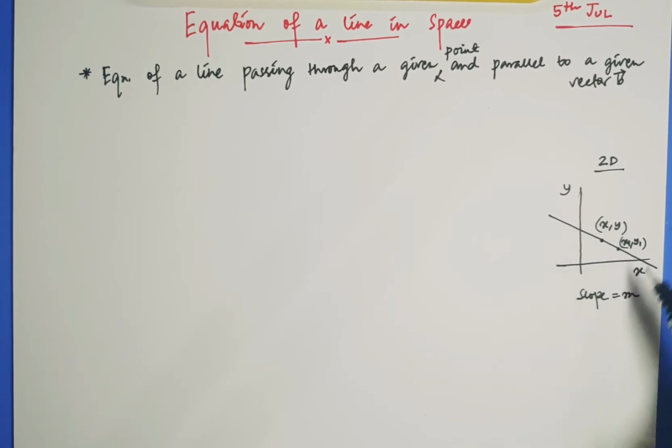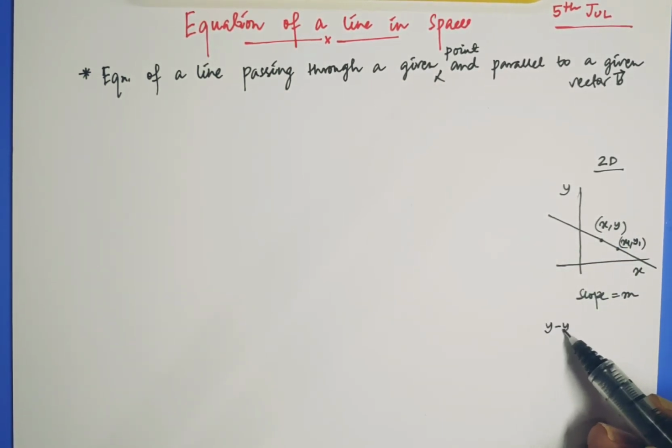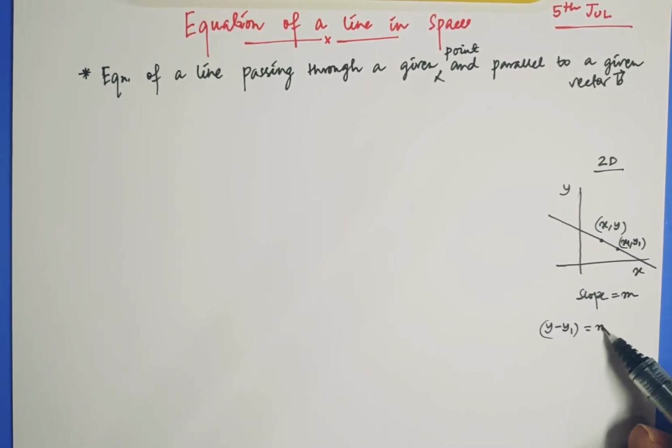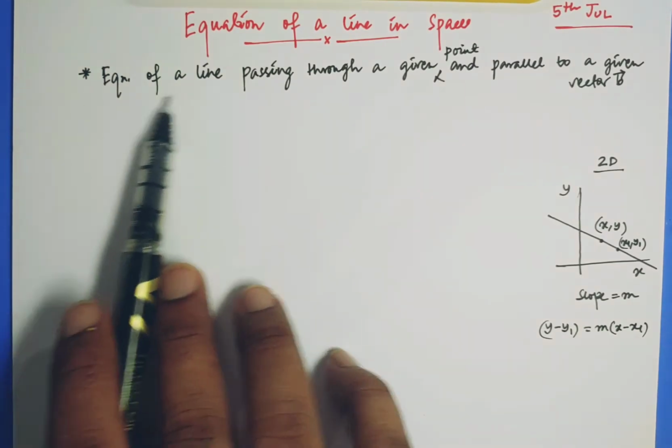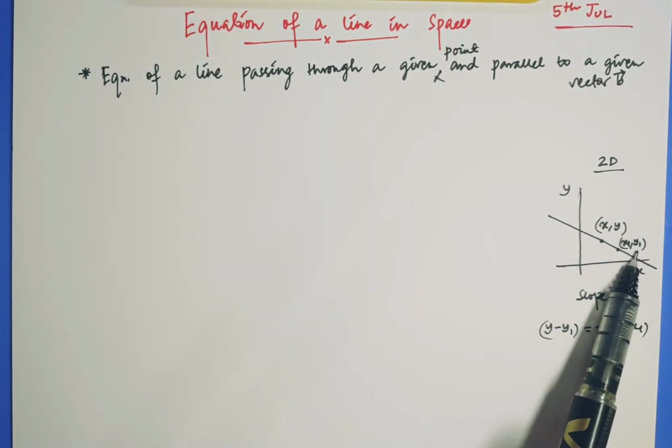So the equation of the line in 2D was y minus y1 is equal to m into x minus x1, right? This was it. Clear?